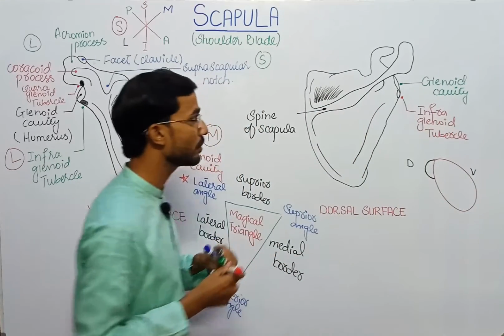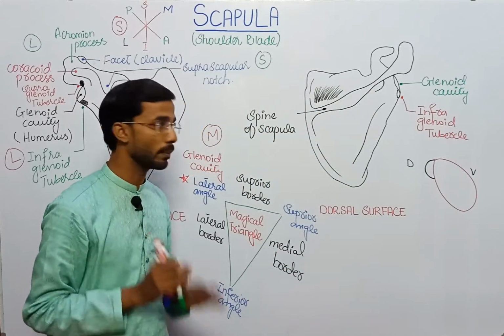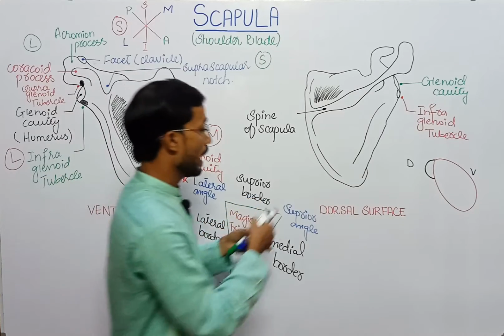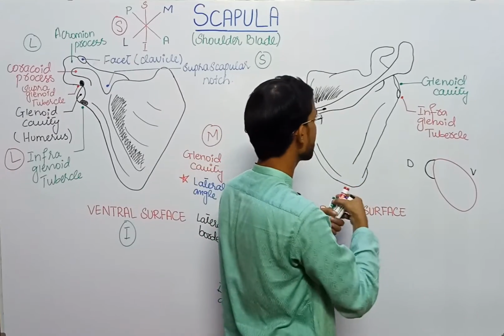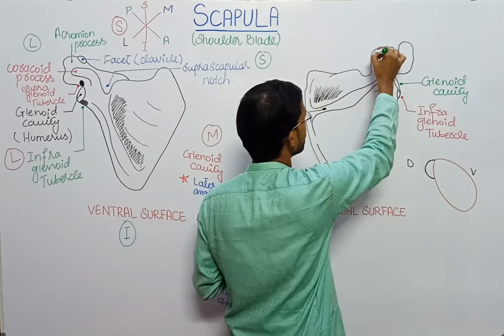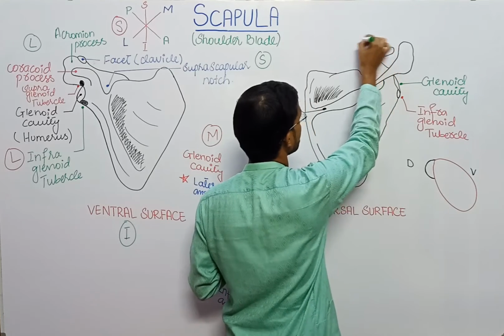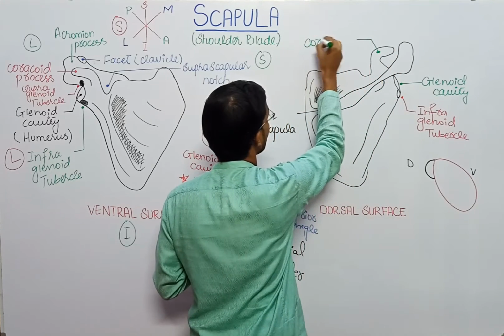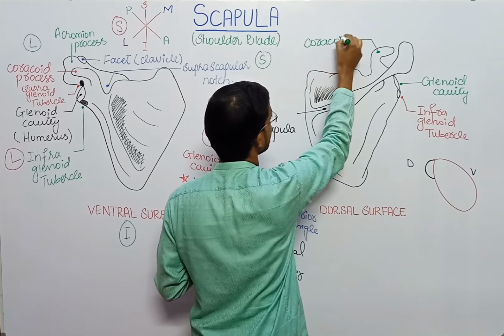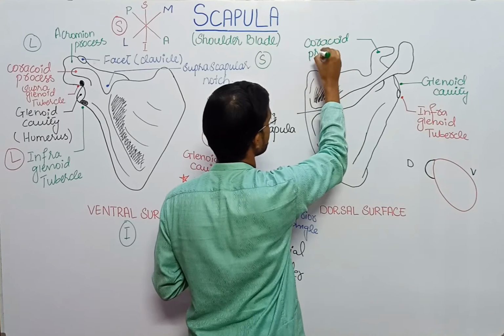Here is the glenoid tubercle. And this process, same as previous, is the coracoid process.